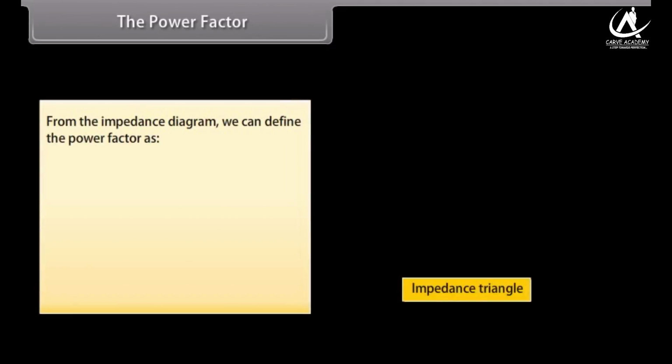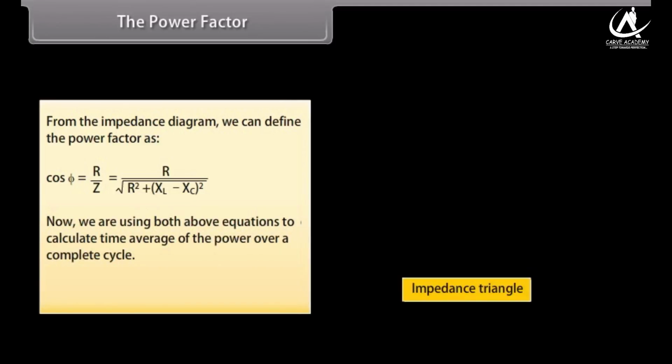From the impedance diagram, we can define the power factor as cos phi equal to R upon Z, which is equal to R upon under root R square plus XL minus XC square. Using both above equations to calculate the time average of the power over the complete cycle, P bar is equal to Irms square into R.